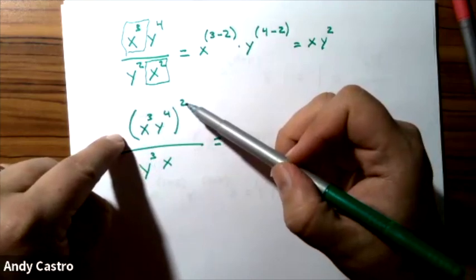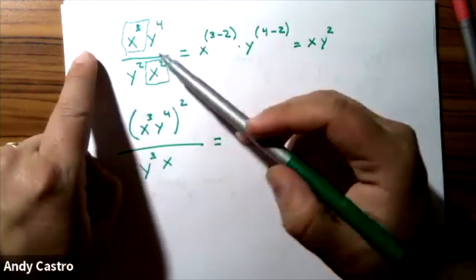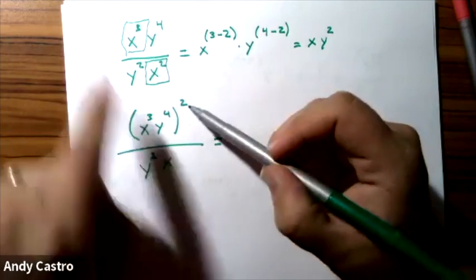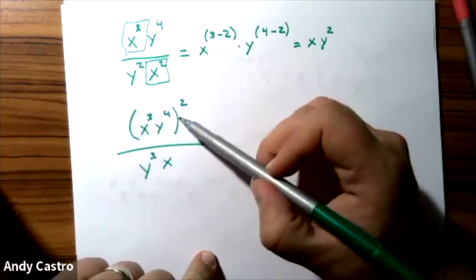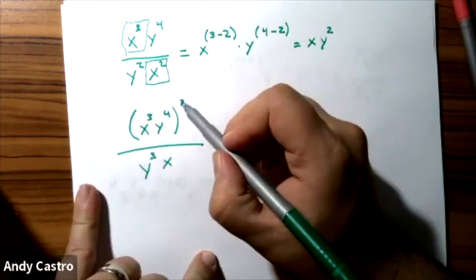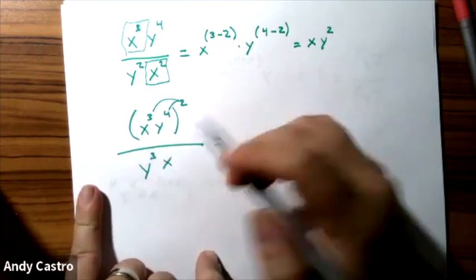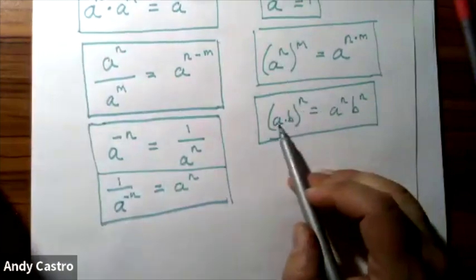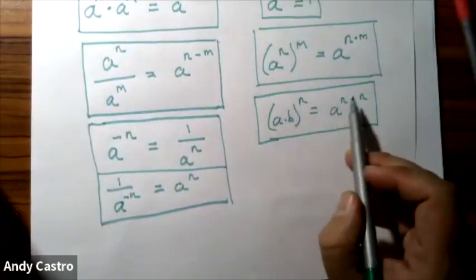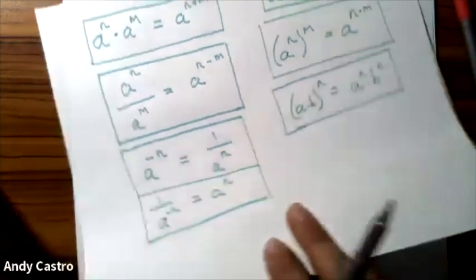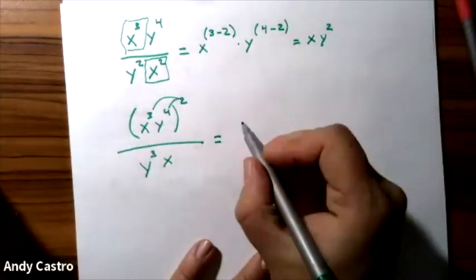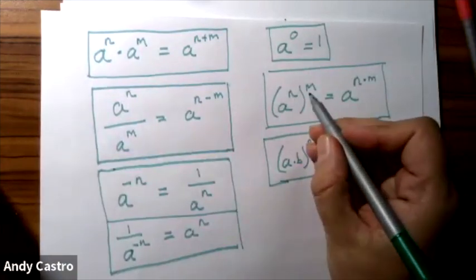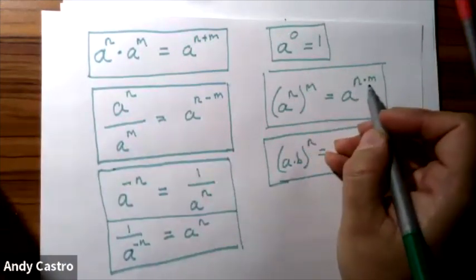So we need to square this first. I'm going to distribute this 2 in there according to one of my properties. If I have things multiplied raised to a power, I can distribute that exponent inside. And since they already have exponents raised to an exponent, we're going to be multiplying.